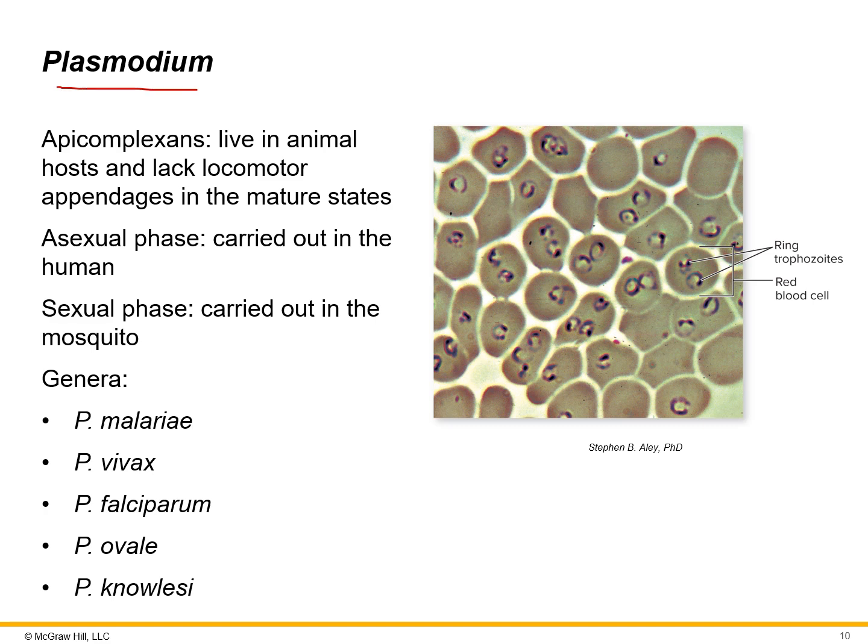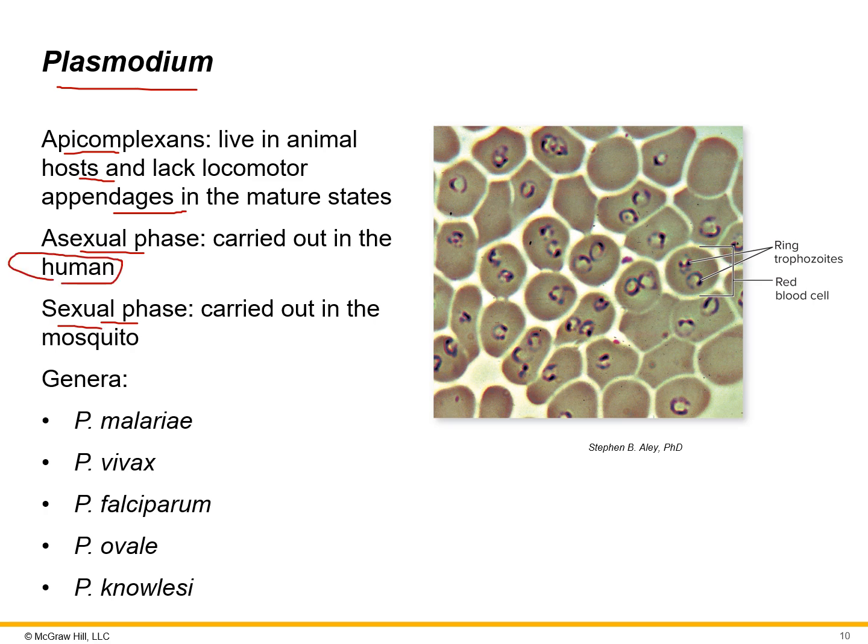So these are Plasmodium species. There's Apicomplexans, and these are ones that live in animal hosts. They don't have locomotor appendages in their mature state, so they don't have a flagella or anything once they're matured. They have an asexual and a sexual phase. The asexual is carried out in humans in their blood.